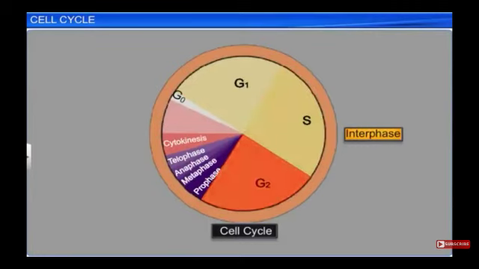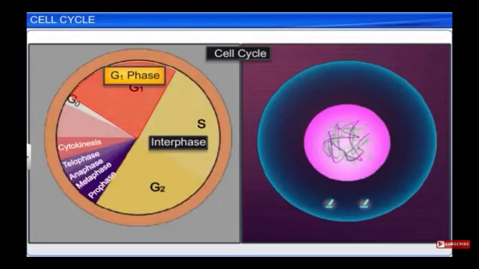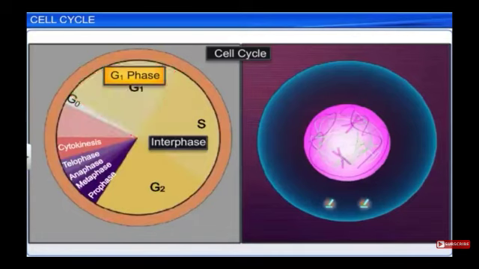The G1 phase, or the gap 1 phase, is also known as the first growth phase. Here, normal cell functions occur and the cell continues to grow. It remains metabolically active, but the DNA does not replicate.